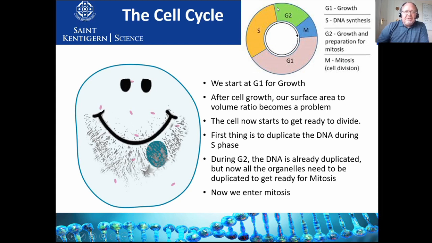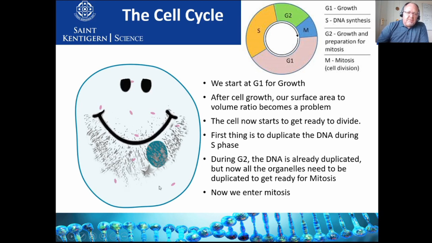But then during G2, and this is after the DNA has already been duplicated, now it duplicates and still grows things like extra mitochondria. Because as you divide, then you need enough mitochondria, ribosomes.